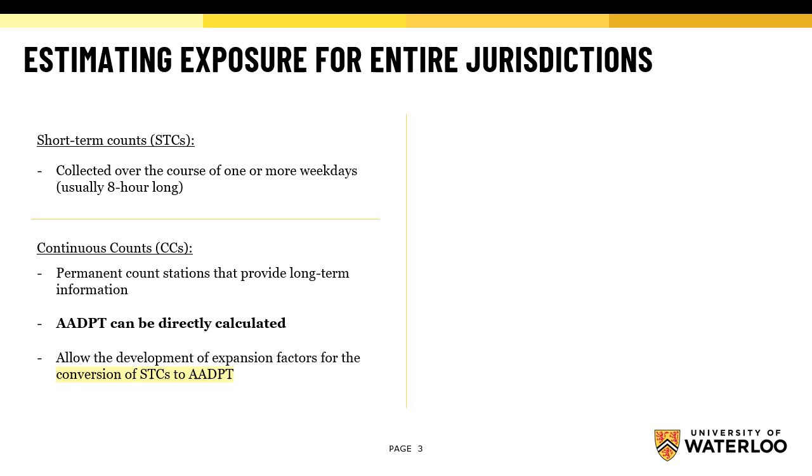There are usually permanent count stations that provide long-term information, and in sites that have this kind of stations, the ADPT can be directly calculated, and also if we have a reasonable amount of continuous count stations, it allows the development of expansion factors, so we can convert the short-term counts to ADPT.